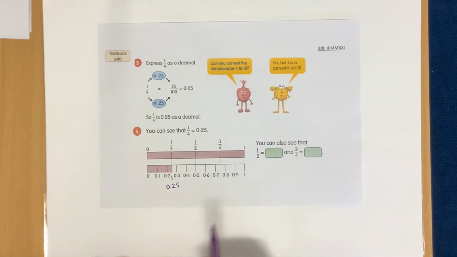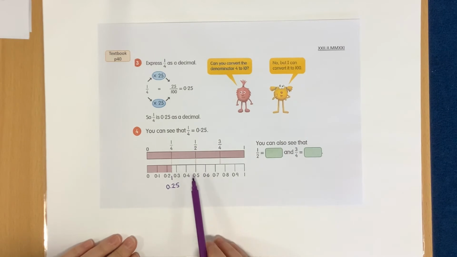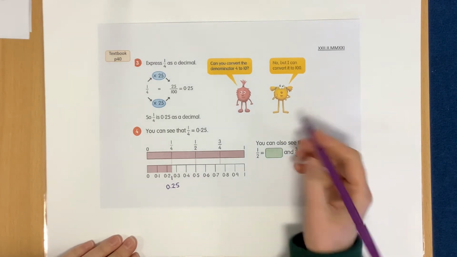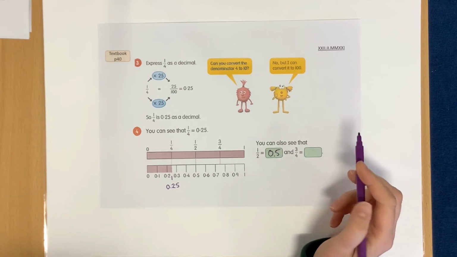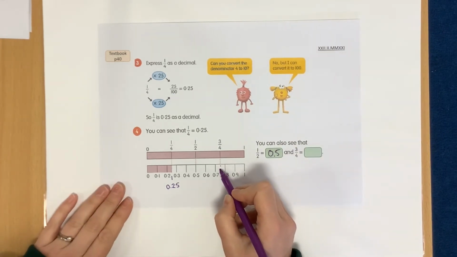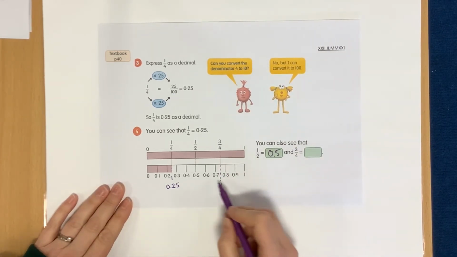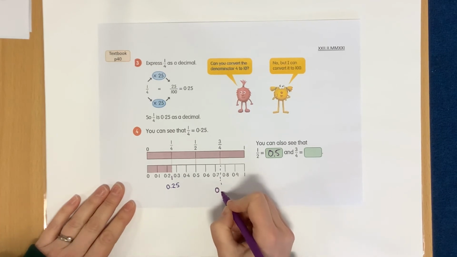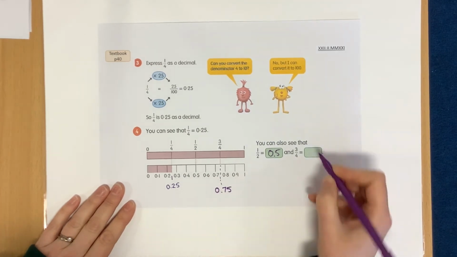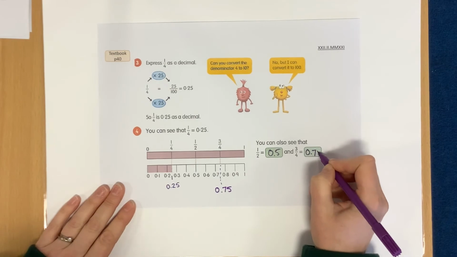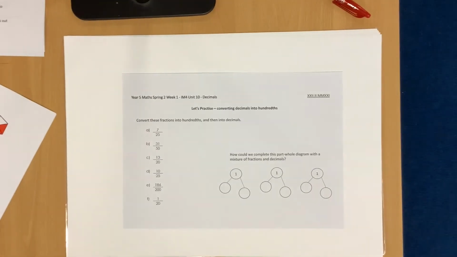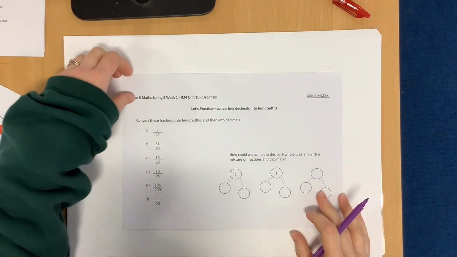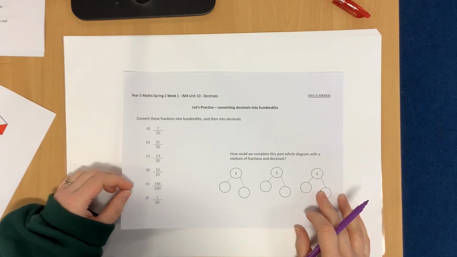And you can also see here that a half is equivalent to 0.5, and 3/4 is exactly halfway between 0.7 and 0.8, so it's 0.75.